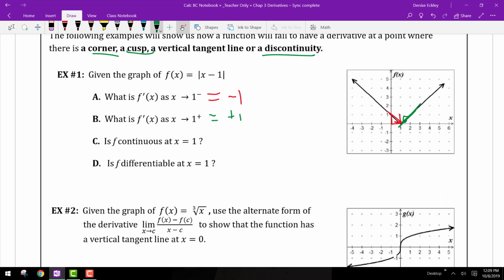So is the function continuous at 1? And the answer to that is yes, absolutely. The limit from the left and the limit from the right will equal each other, and they will also equal the value at f of 1. But is it differentiable at 1?